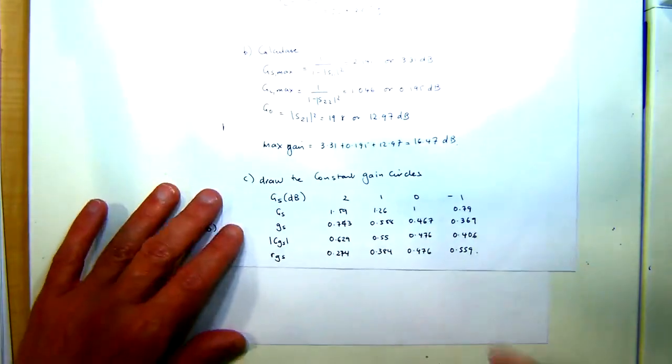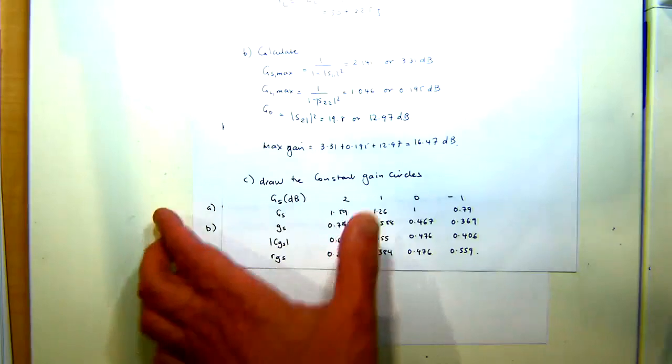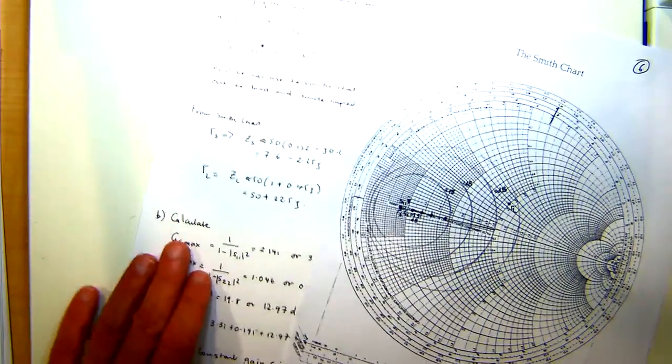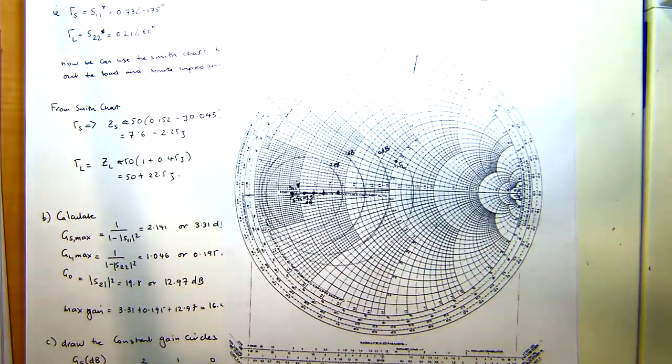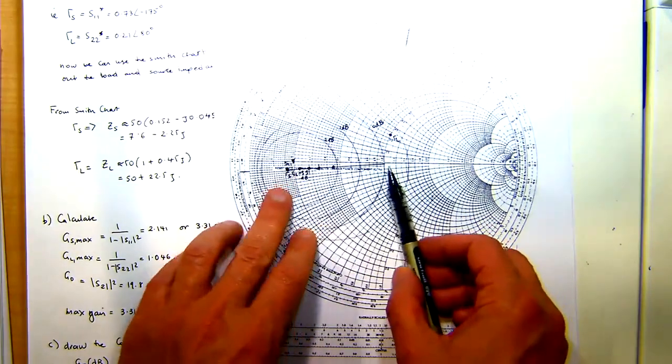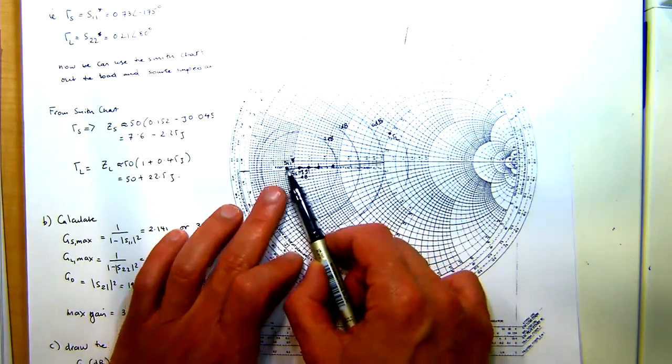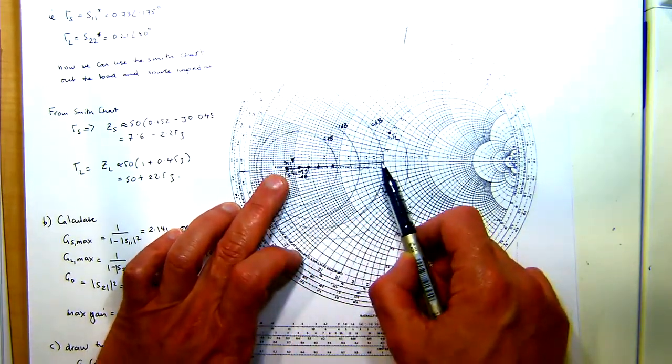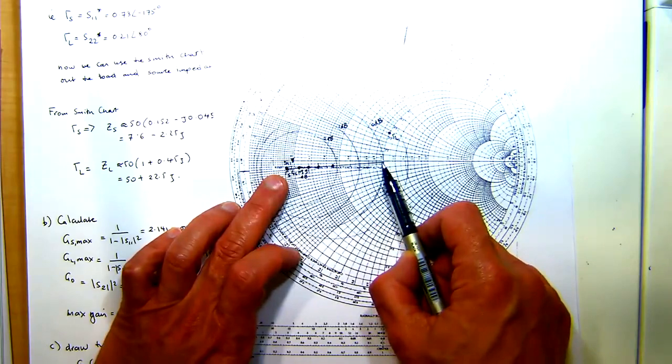Now, the other thing that's worthwhile mentioning in this particular case is that when we're doing the gain circles for the source matching network or the load matching network, the centres are always going to lie on this line from S11 conjugate to the origin.